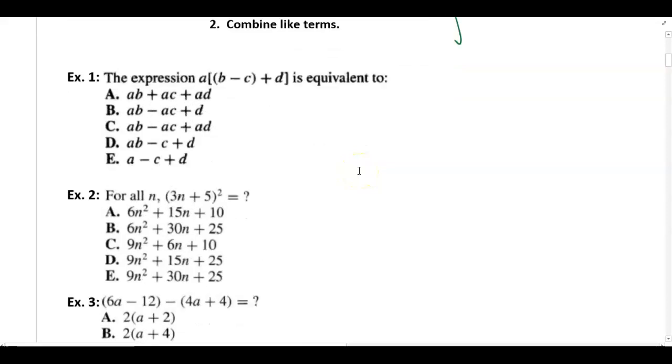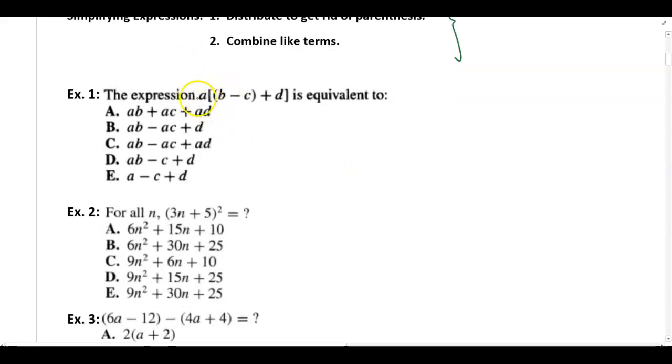So the first example, if I look inside here, nothing can be done on the inside. So this becomes a times b minus c plus d. Now I have no like terms inside the bracket, so I'm just going to distribute that a. A times b is ab.